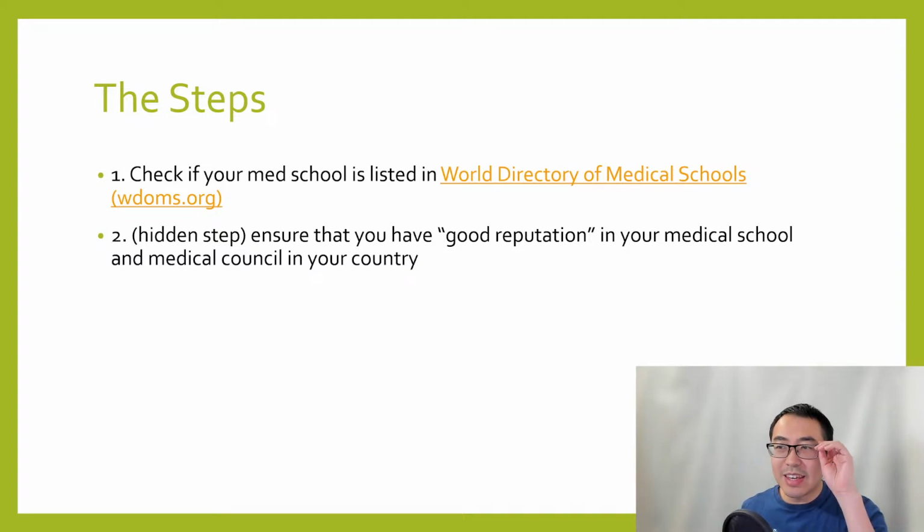So if you had any issue when you were practicing, and you feel like you probably won't be able to get a letter of good standing because you have done something, then it could be a problem. Because imagine you've done your USMLE steps, done with your OET, and then comes the ECFMG certification, and then suddenly, whoops, you can't get a letter of good standing because of something you've done.